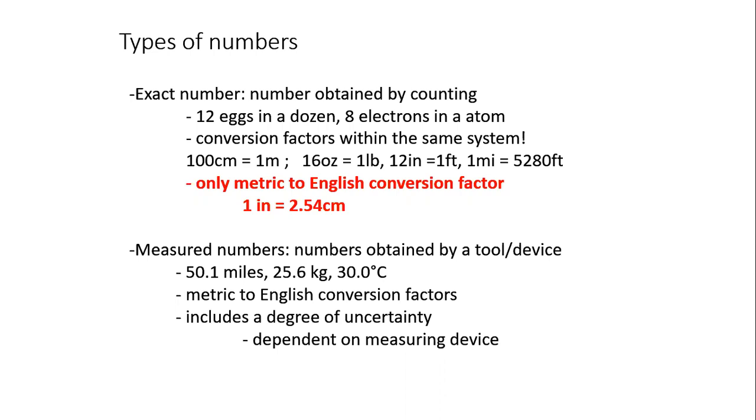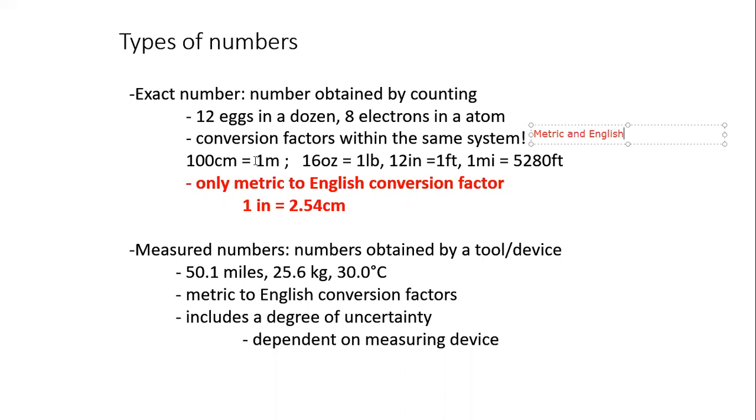Along with numbers you can count, there are also what we refer to as conversion factors within the same system of measurement. And again, when we say system of measurement, we're talking about the metric system and the English system. So if it's a conversion factor that only remains in the metric system, it's an exact number.